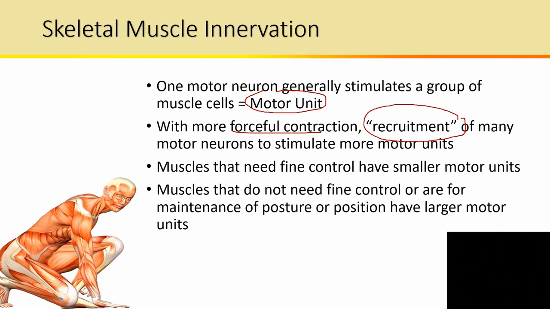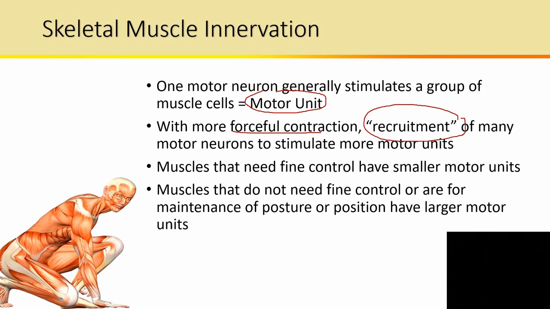A couple of things to note about this concept of motor unit and recruitment: muscles that need fine control have smaller motor units. And this makes a little bit of sense. If I need fine-tuned control, I need to have more nerves going to that area that supply a smaller number of sarcomeres each. That just provides a lot more control.